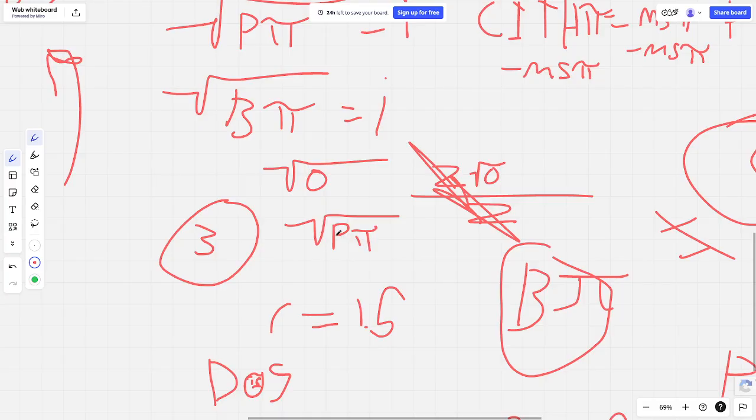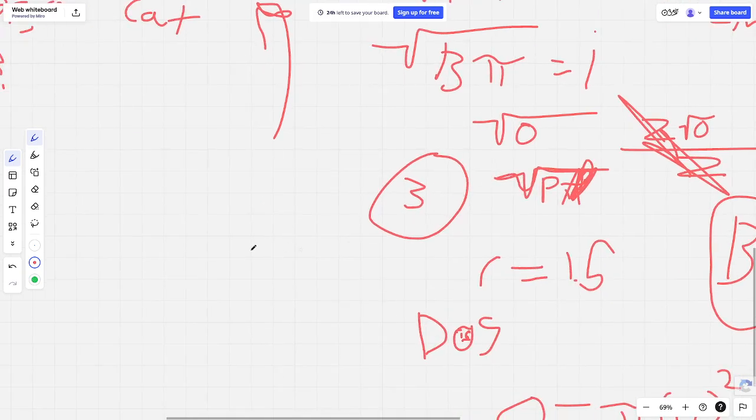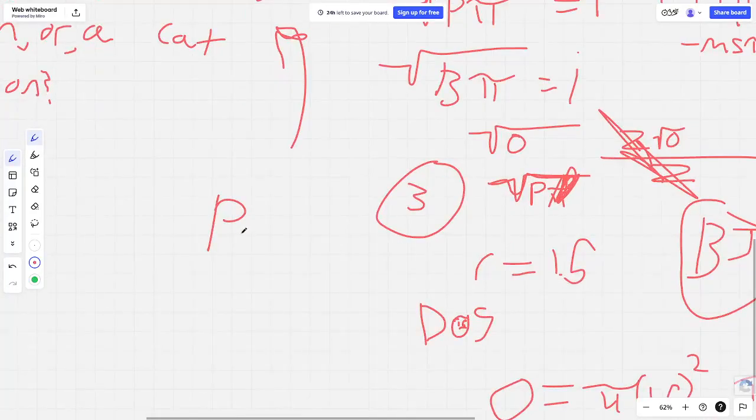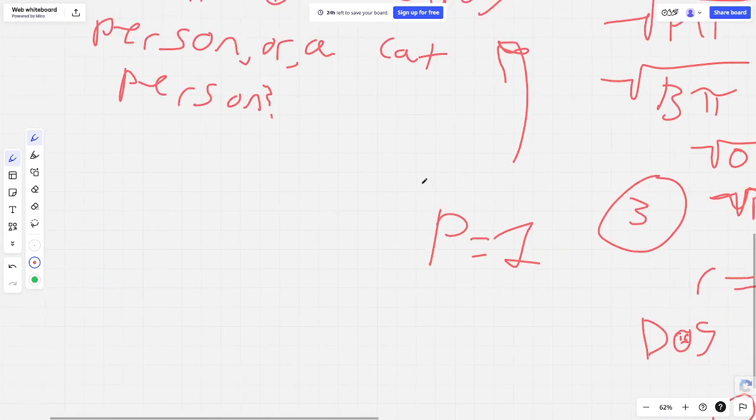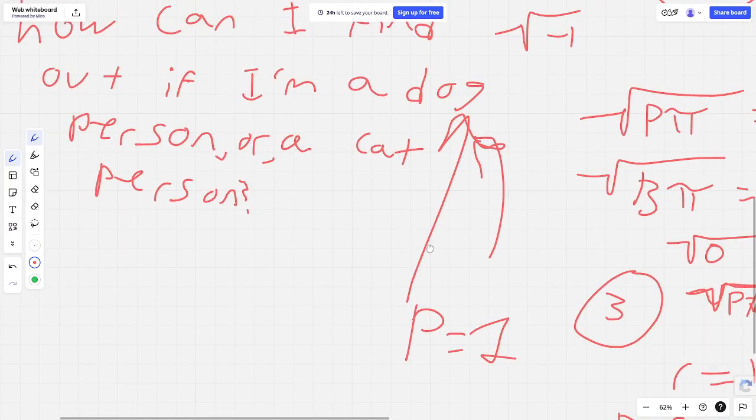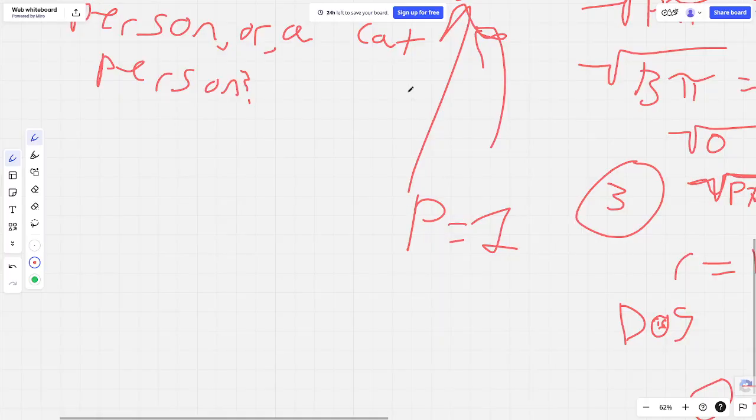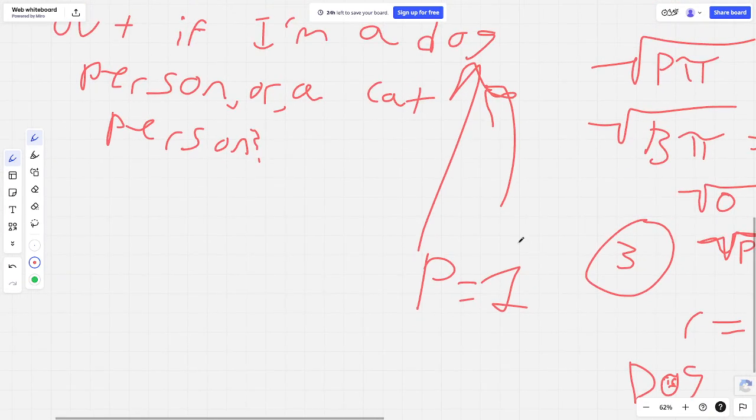And then obviously, the difference between a square root and pi is nothing, so these cancel out, which means you're left with pumpkin. I love pumpkin. I really do love the taste of pumpkin, which means it's 1, which means I am a dog person. If you like pumpkin, then you're a dog person. It doesn't matter. If you like pumpkin, you're just a dog person. That's how this works.